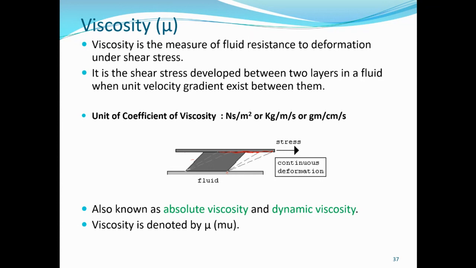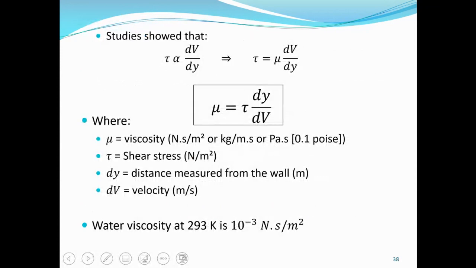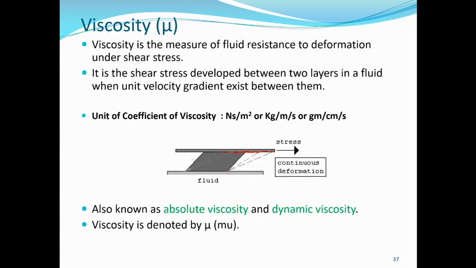Now, if we have a liquid, I think we will even have another figure. Then the unit of the coefficient of viscosity is Newton second per meter square, or kilogram per meter per second, or gram per second centimeter.